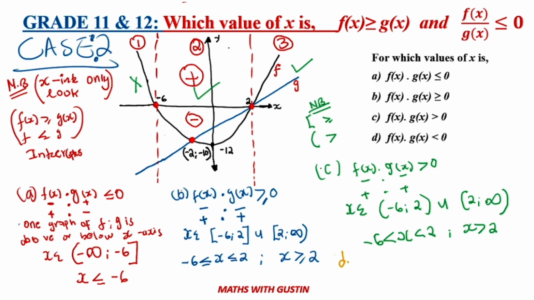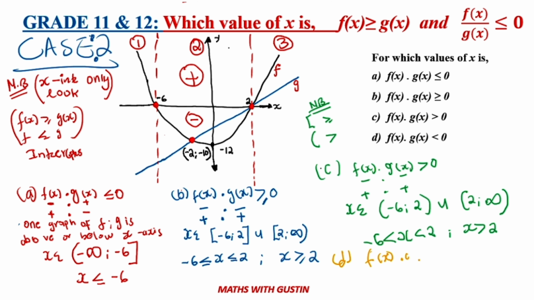All right, okay, let's have a look at this one. They are saying f of x, when you multiply it by g of x, you must get an answer that is less than 0. Okay. All right, where are we? We're here. F of x times g of x is less than 0.